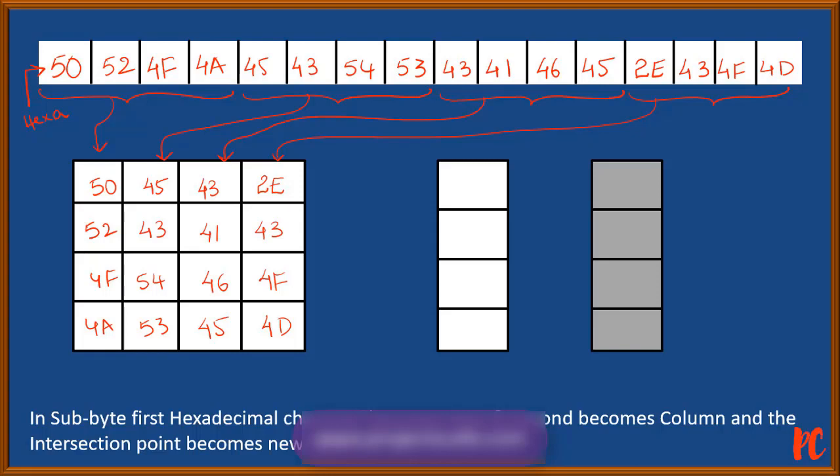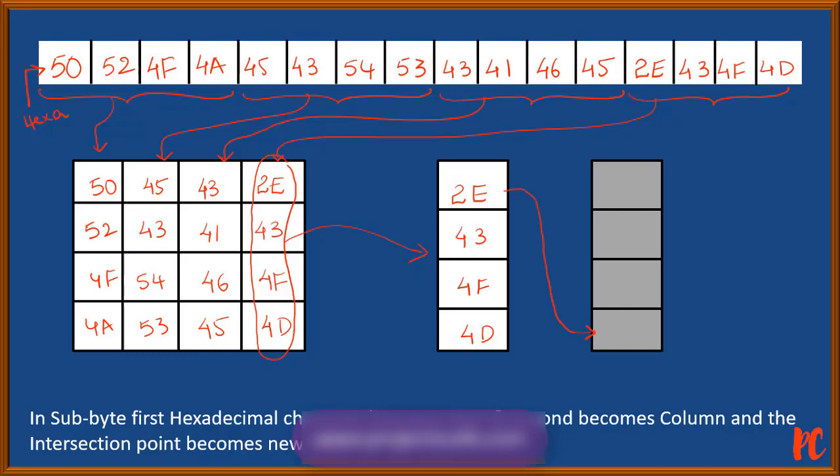Now the first step will be taking this last column of the key and performing the rotate word operation. This is my last column, which I am going to place here again: 2E, 43, 4F and 4D. In order to perform the rotate word on this column, the first row would move to the last row.